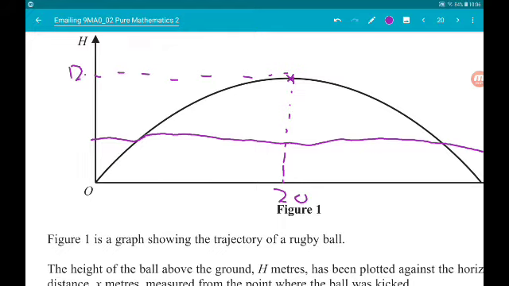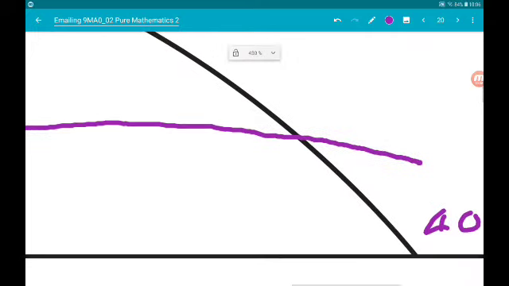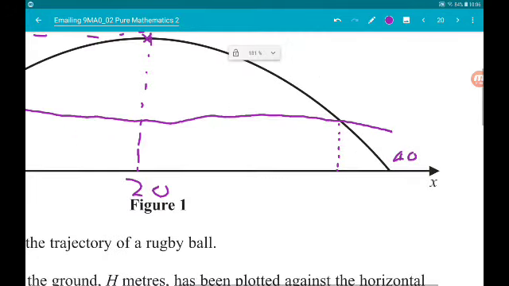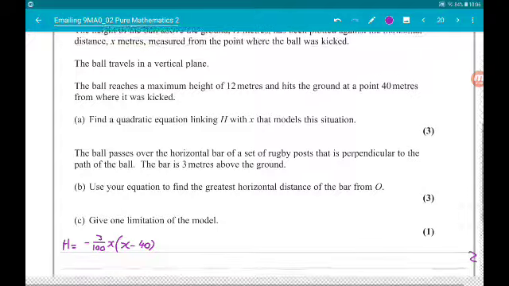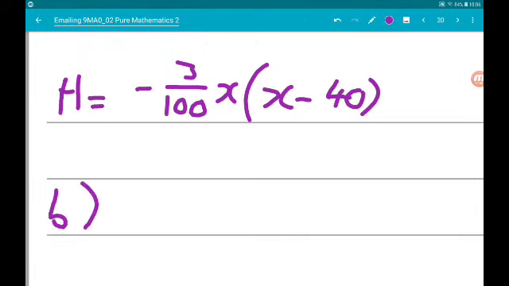Now what we want is the greatest possible distance, so we are after this one here. So essentially what we're doing is setting h equal to 3 and solving for x.